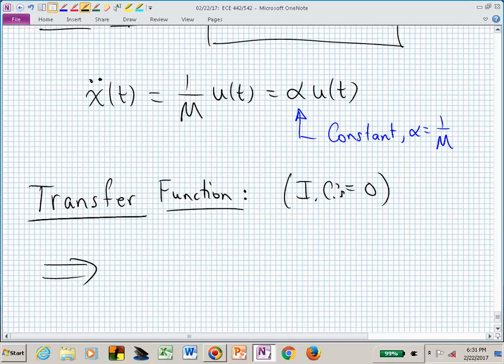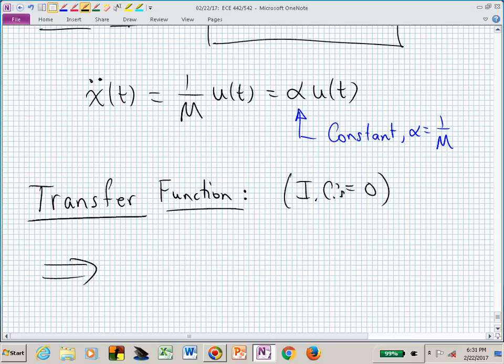What happens when we Laplace transform two derivatives? What's that equivalent to in the frequency domain? What's one derivative in the frequency domain consistent with? Multiplication by s. Now we have 2, so we multiply by s again. It's s squared.